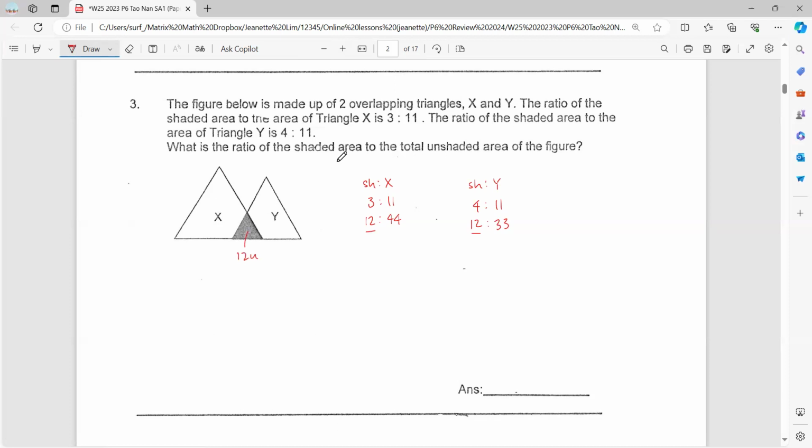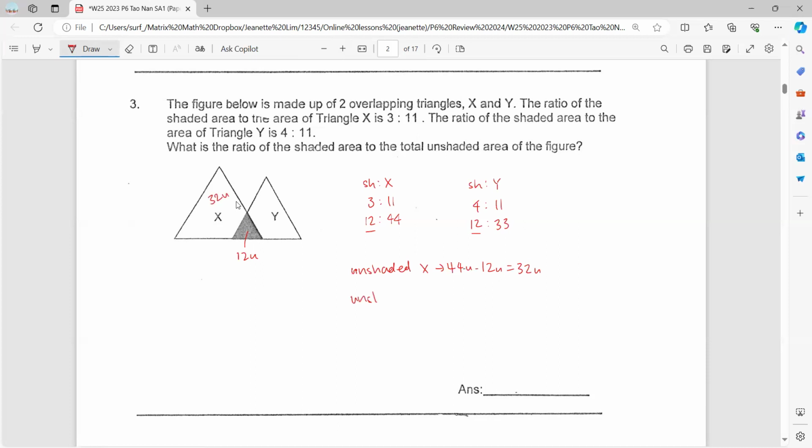We want the ratio of the shaded area to the total unshaded area. We have the shaded area. Now let's find what is the unshaded area. The unshaded area of x will be 44 units minus 12 units. So this part here is 32 units.